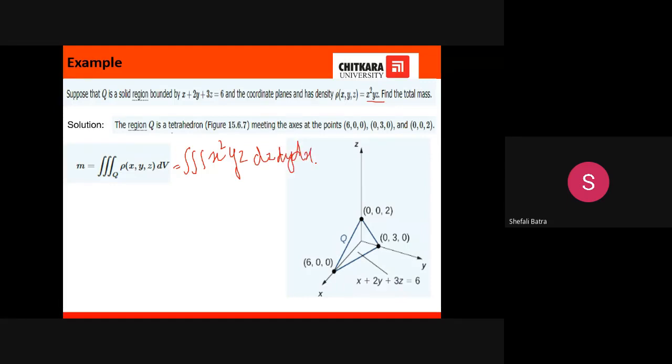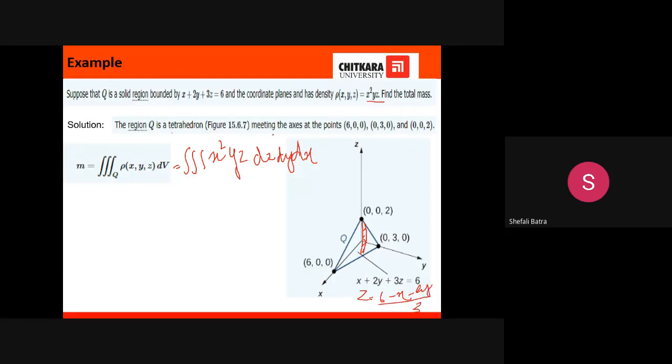So now tell me what are the limits of z, y and x. Just try. I am making a vertical strip parallel to the z axis. The xy plane lies below; here what is z? 0. So your limit would be starting from 0 and going up to this: z is equal to 6 minus x minus 2y divided by 3.